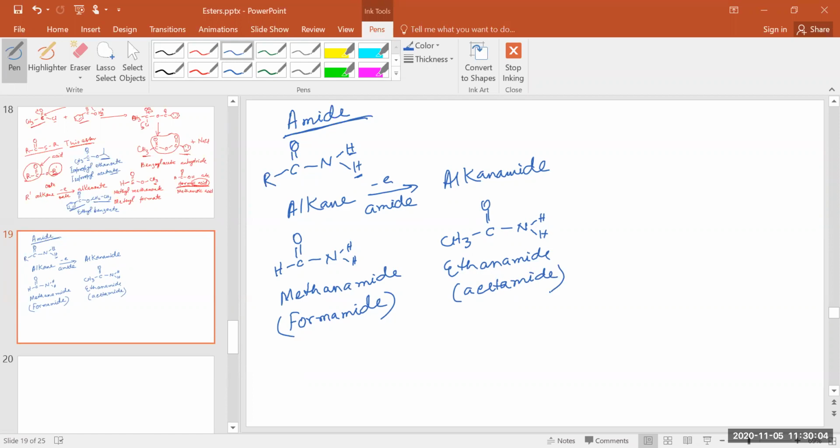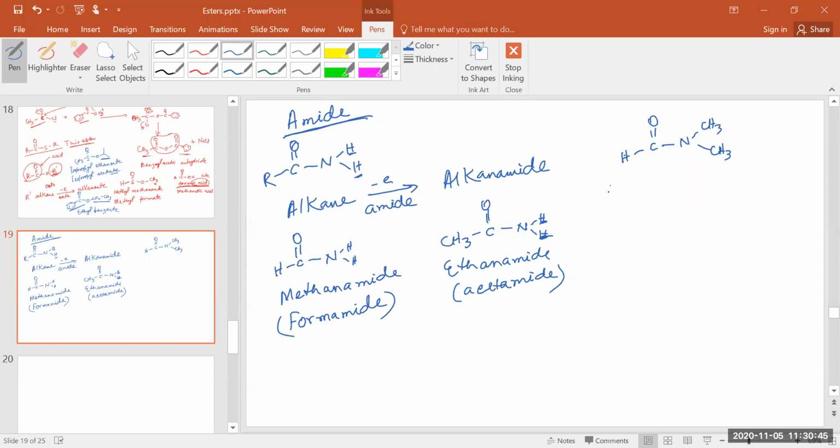Okay, and then see this example. Now if you have other substituents here, hydrogens replaced with carbon, then you have to name those first. Like this one, which is one of the most widely used solvents to dissolve different organic compounds. 2 hydrogens are replaced by 2 methyl groups.